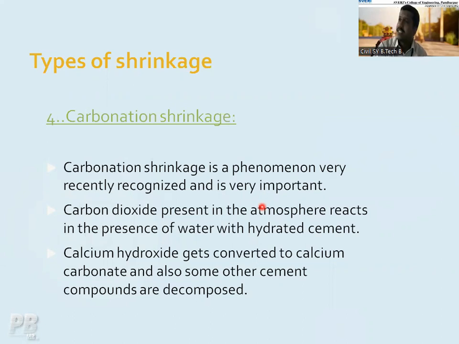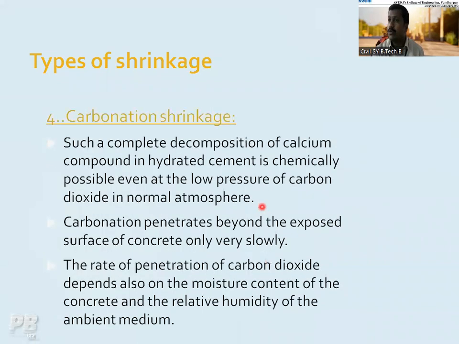Your calcium hydroxide, Ca(OH)2, which is the product of the heat of hydration process, gets converted into calcium carbonate, that is CaCO3. And because of this reaction, some compounds present in your concrete body get decomposed. Due to this complete decomposition of your calcium compounds in the hydrated cement, there is a chance of shrinkage, and that shrinkage you are going to call the carbonation shrinkage.